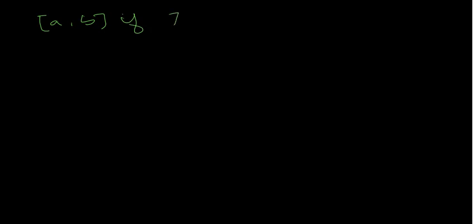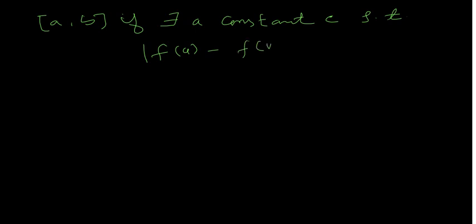if there exists a constant C such that the mod of f of u minus f of v is less than C times mod of u minus v for all u, v belonging to the interval [a,b].